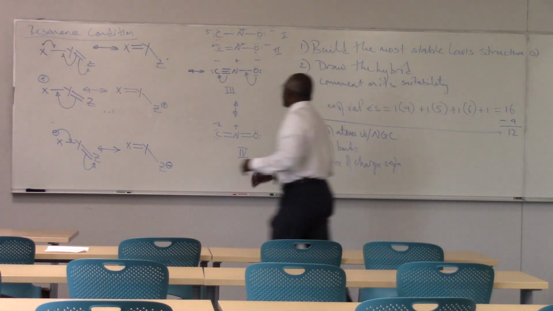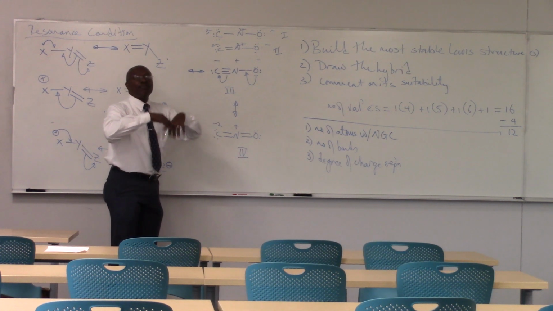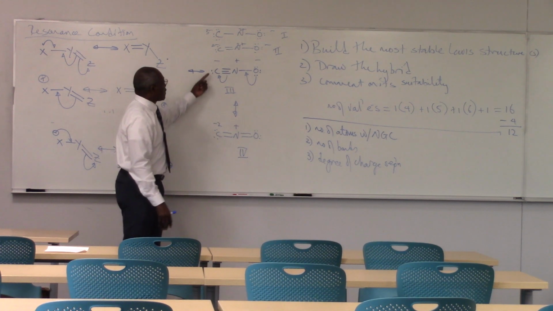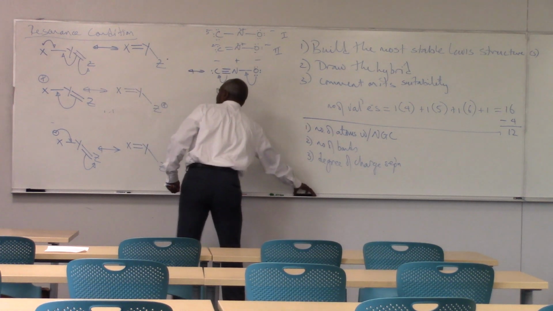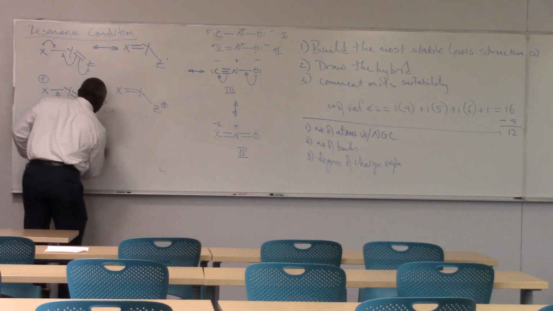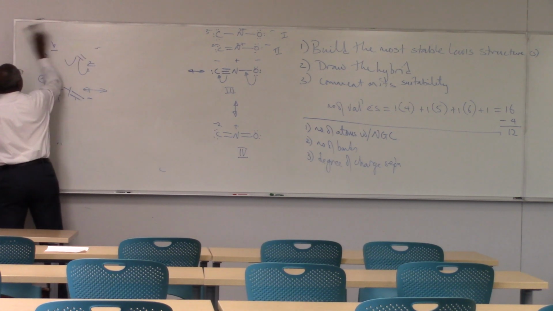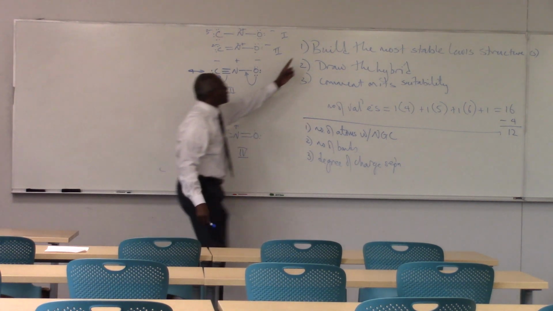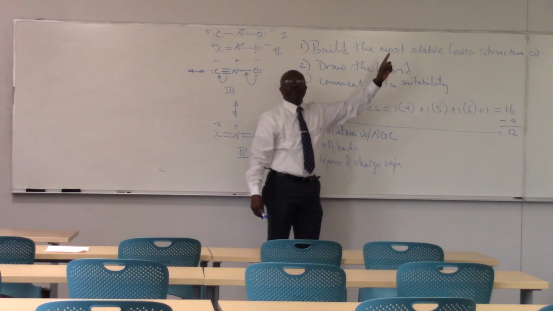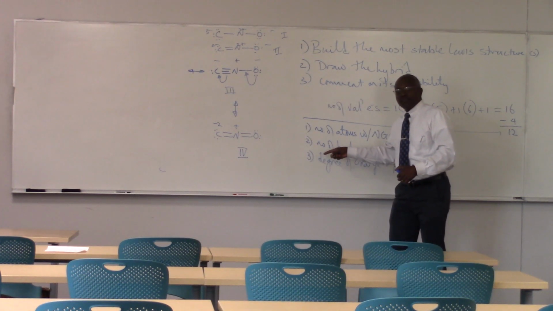So we would argue then that the hybrid is a composite, a weighted average of these 2. So let's draw the hybrid. When I want to build the hybrid, the question I have to ask myself is, what are the most stable resonance forms, determined by these factors?